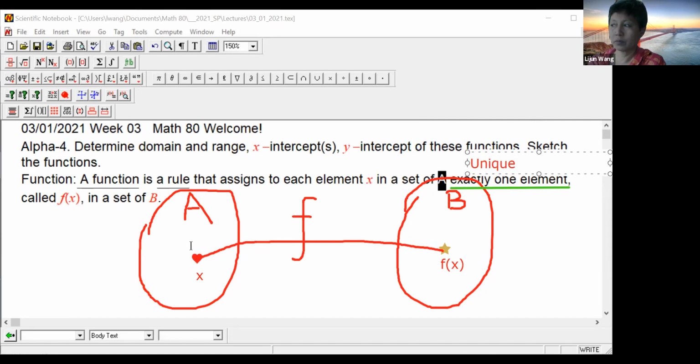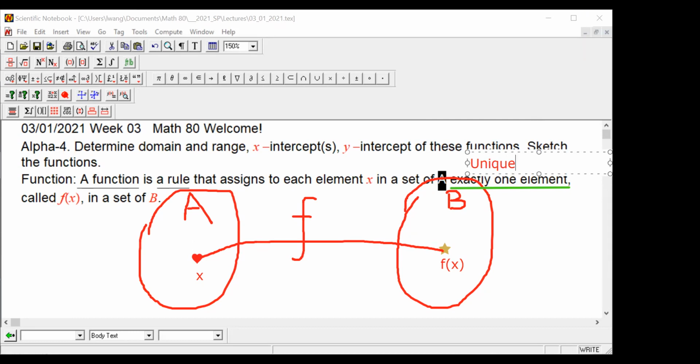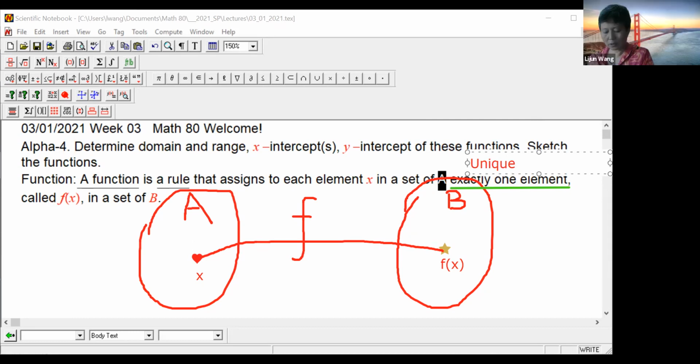Do you agree? Yes. Okay. So that's what exactly one means.